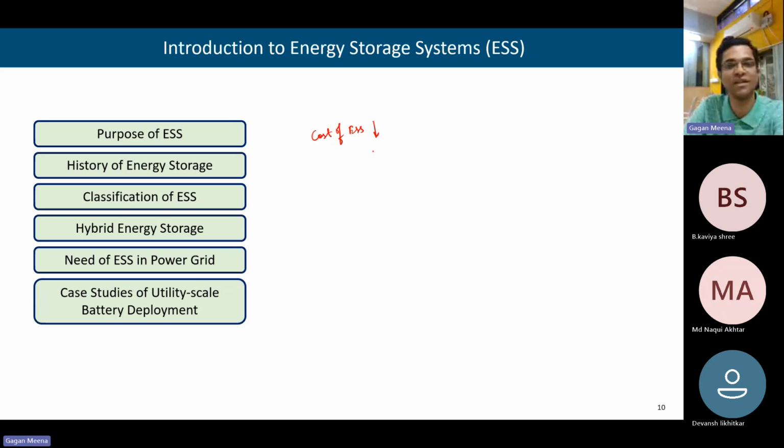Within 2-3 years, we will find that in India also several energy storage projects will be operational, because of this declining cost of energy storage, as well as the policy of the government, which is funding this through what we call viability gap funding.